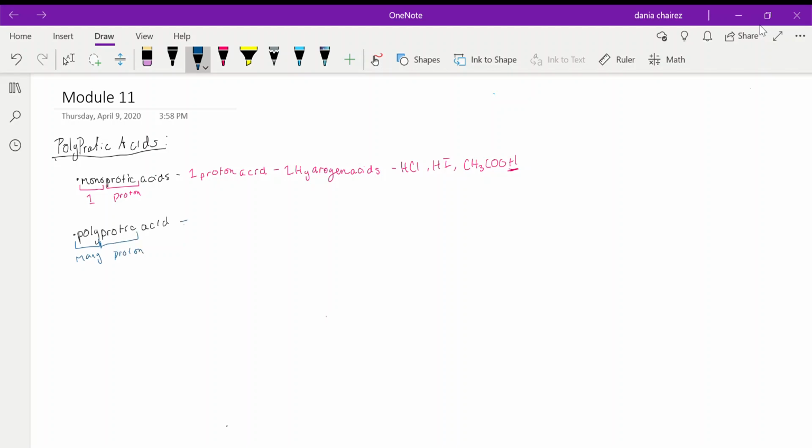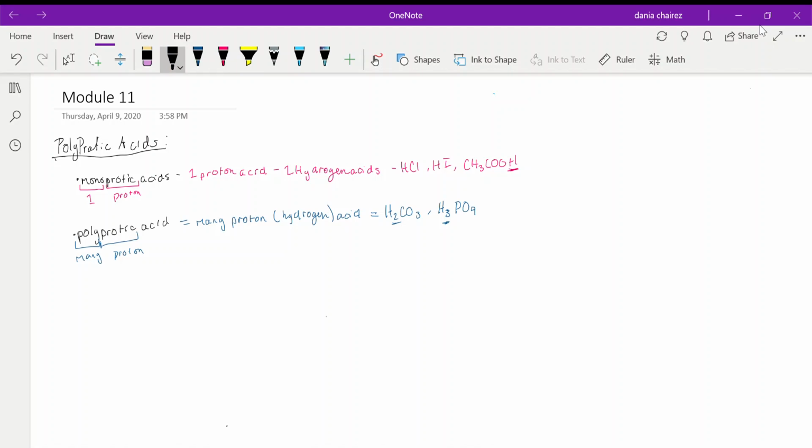So a polyprotic acid is a many proton, or hydrogen, acid. So if you take, for instance, your carbonic acid, which is H2CO3, or your phosphoric acid, which is H3PO4, you can see that you have more than one hydrogen in it, hence the polyprotic name.